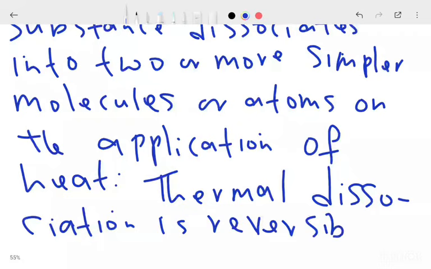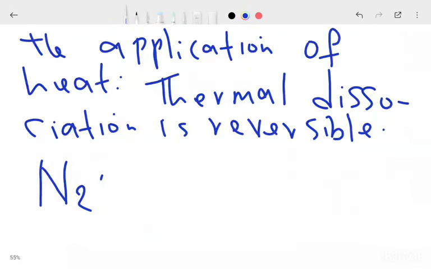I've explained the meaning of reversibility, right? Thermal dissociation is reversible. So take note, meaning it can be reversed.